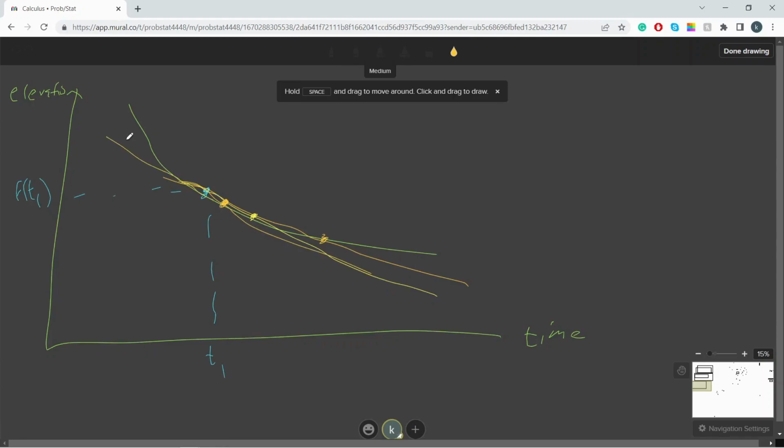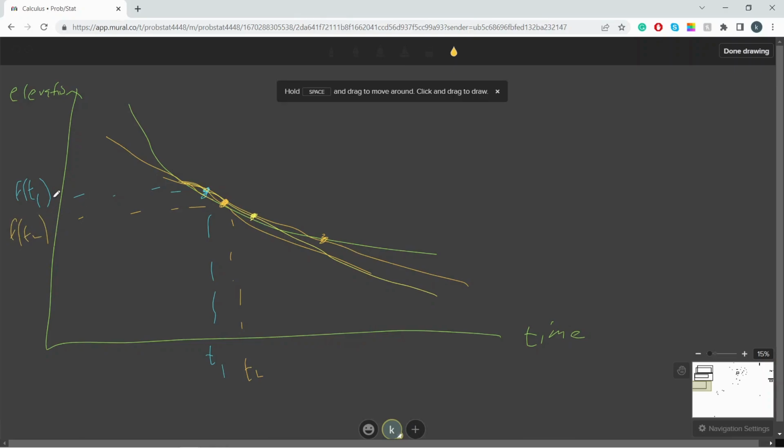So you can see right here in this orange line, we're intersecting this elevation versus time curve just at the blue point. And what we're doing is we're taking this orange point, this is going to be t2, and this is going to be value f of t2.